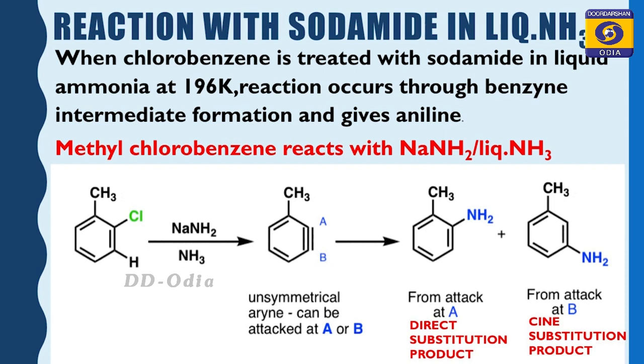One product is formed by replacing the chlorine atom and another is formed by replacing the hydrogen atom from the adjacent carbon atom. Why is it so? Actually, in this case, we are getting two types of products. One is the direct substitution product and another one is the cine substitution product.